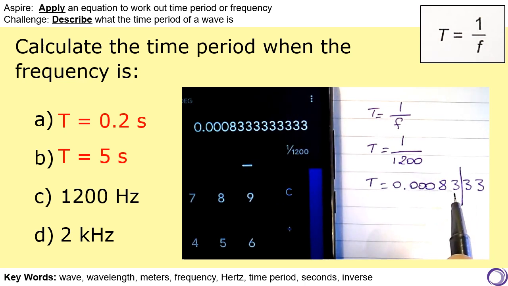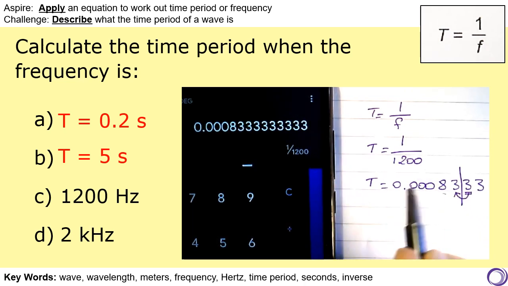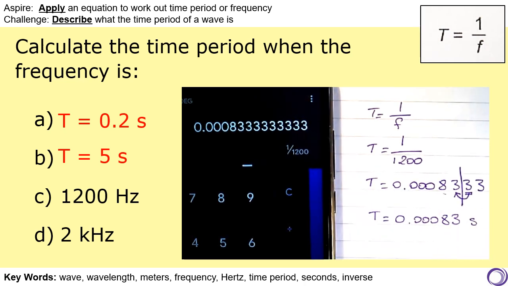Now, do we need to round this up or down? Well, let's look at the digit that follows. It's a 3, so we're going to round the number down, which will give us T equals 0.00083 seconds. Now, the exam question could ask you to convert this into milliseconds because this is quite a small number to leave it as seconds.